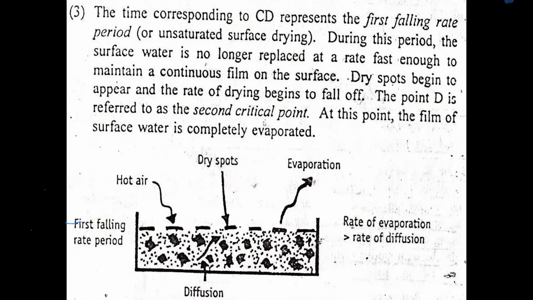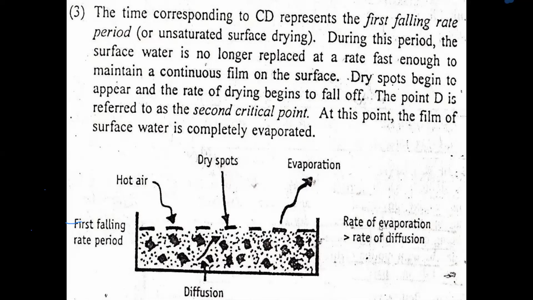So at the same time, at the T point, right, the film on the surface is completely evaporated. We have seen it in the figure, right. समजा the moisture on the outside surface पूर्ण evaporate झालंय आणि inside water तसंच आहे, तर it is not possible for drying, right.